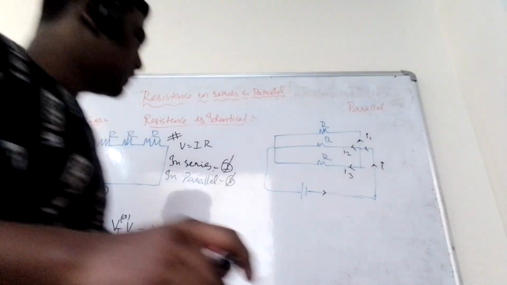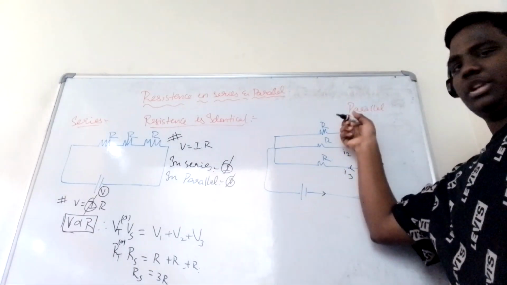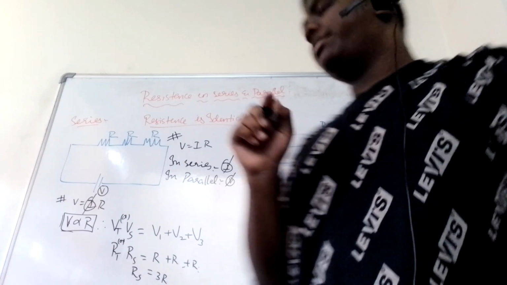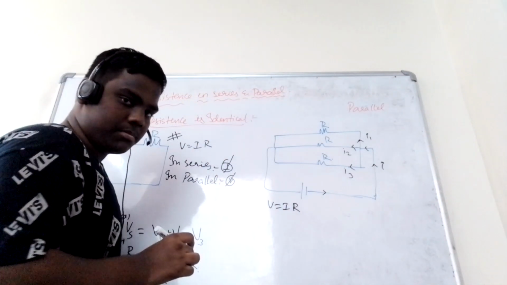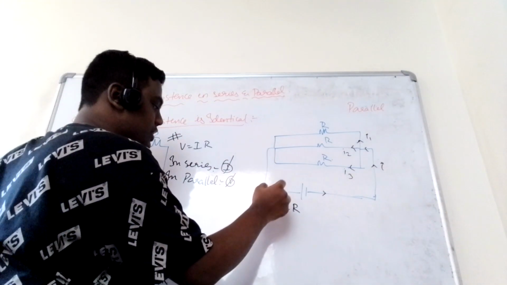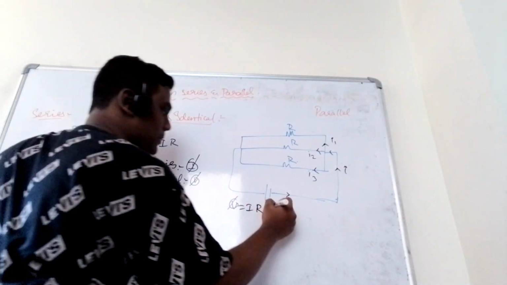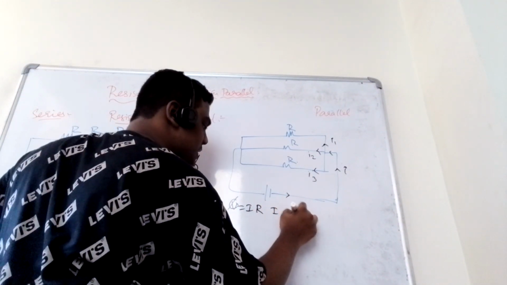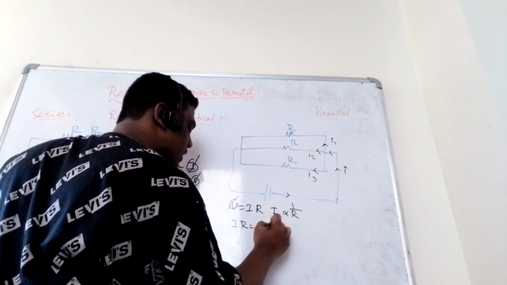Coming to the parallel combination, what I have said is the same formula, V is equals to IR. Here in parallel V remains constant. So can I say I is inversely proportional to R? Why? Because IR remains constant.